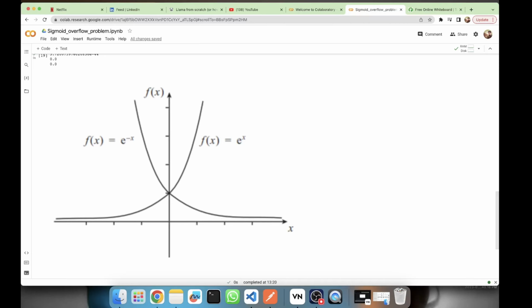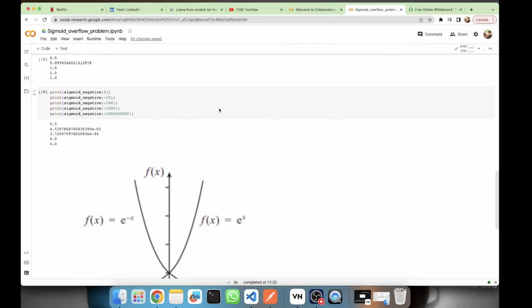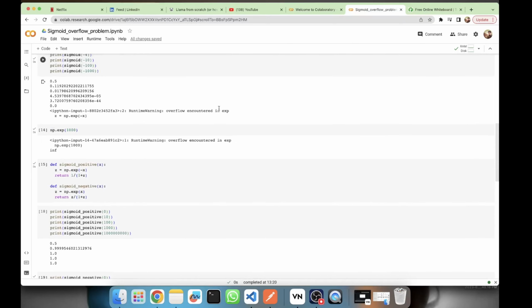Because it's a very high value, the range of the floating point value takes a hit, and because of which it throws an overflow error, that it is overflowing the floating point range defined in numpy.